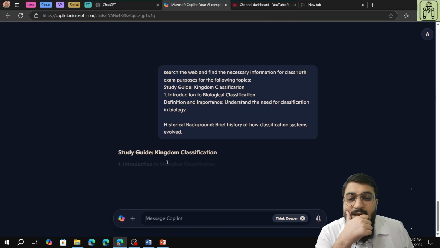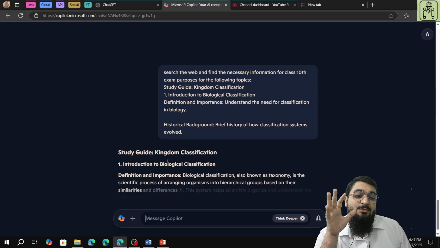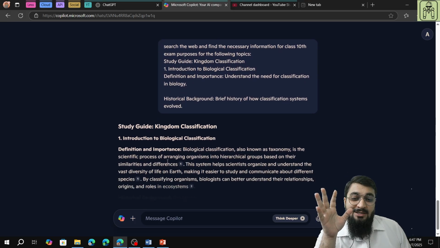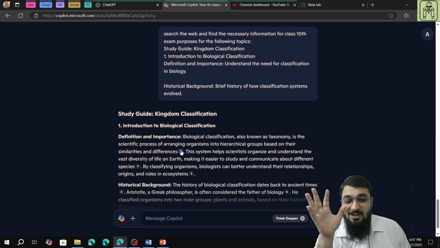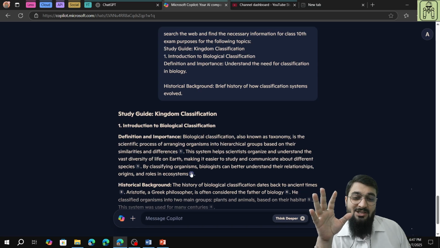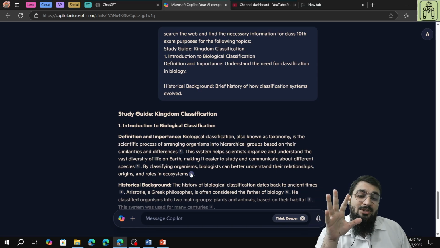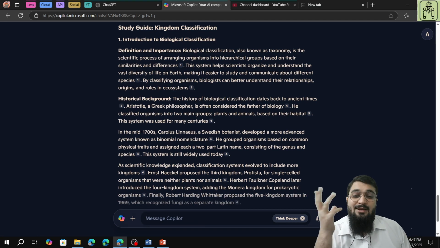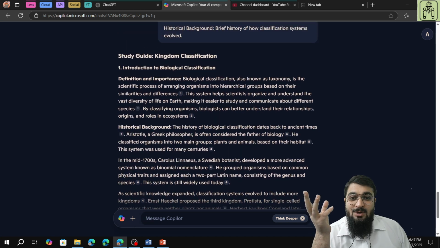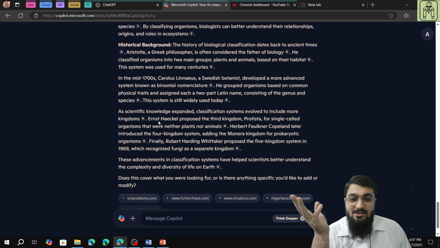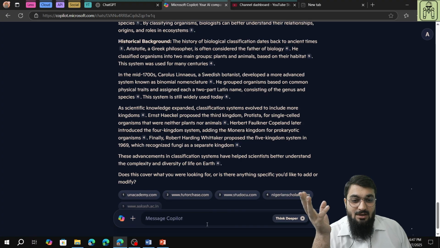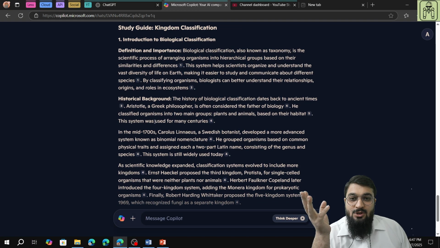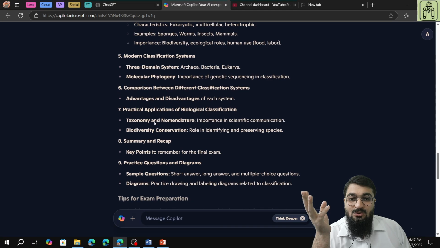Okay. So it will now add some more details to it. It will search the internet, and you can see the references are also mentioned from where that particular information has been taken. So you will see historical background, definition, importance, scientific knowledge, etc. Okay, and we can also take something like the classification system.